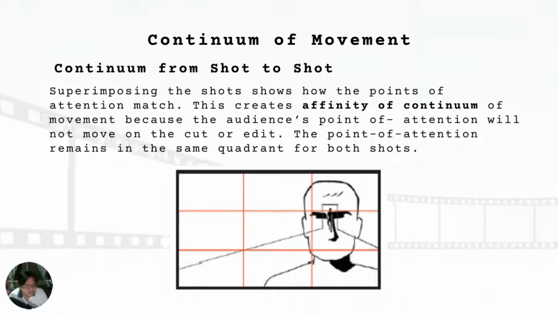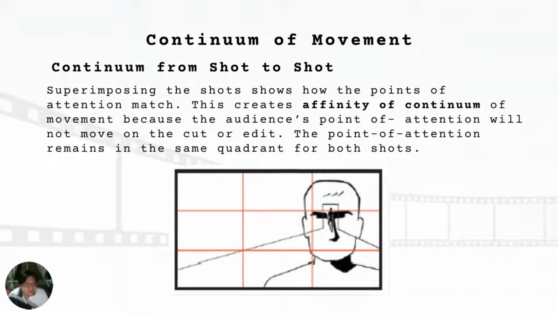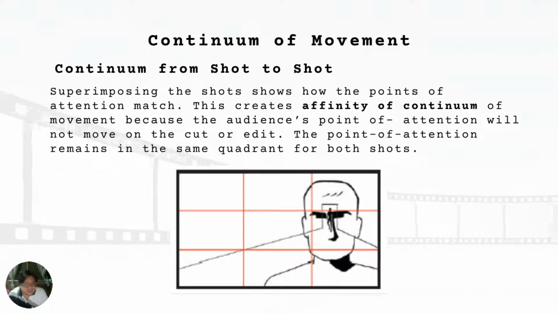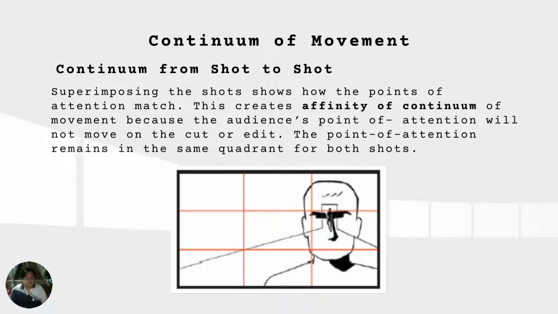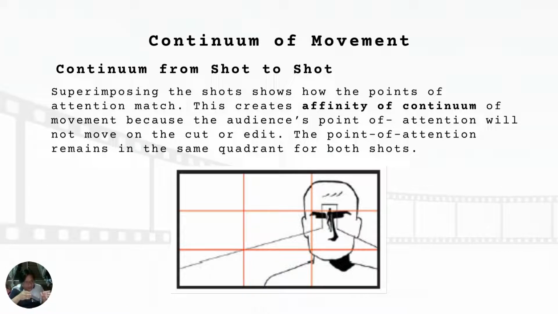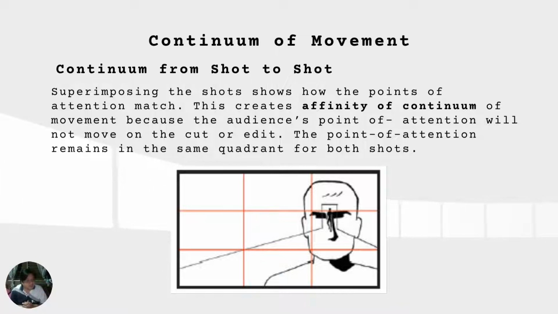Now, when you superimpose them together, it shows that the point of attention of the audience is in the same quadrant. So this creates affinity of continuum of movement, because the audience's point of attention will not move even if you cut from one shot to another. The point of attention remains at the same quadrant for both shots.